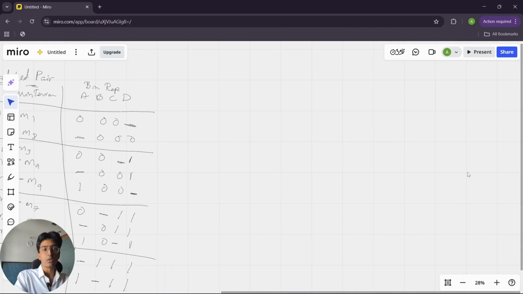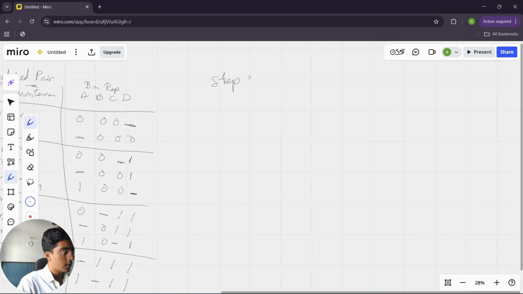So step 3 is quite similar to step number 2. In that as well, we have to check for the matched pairs. So let's make another table. Step 3: check for matched pairs.